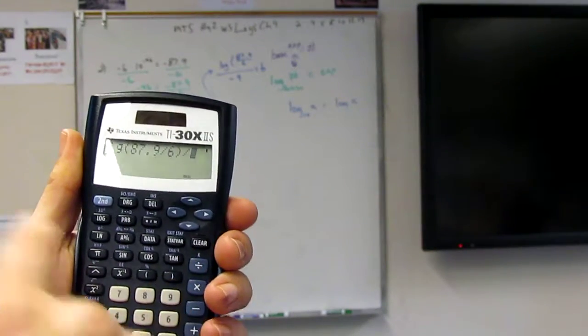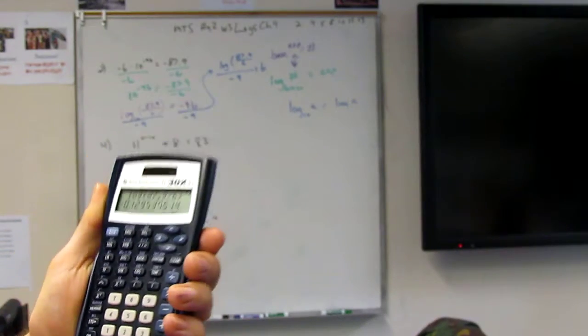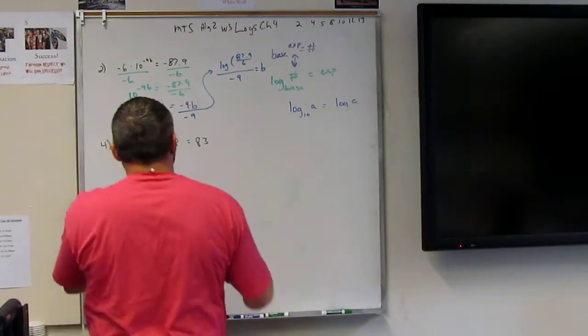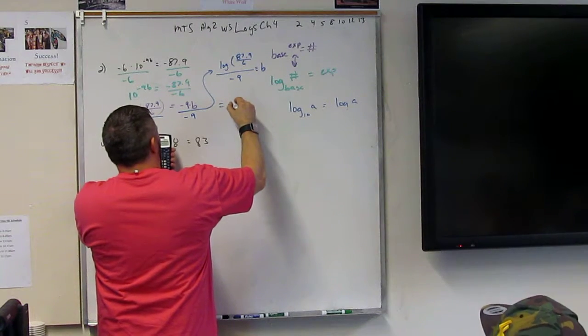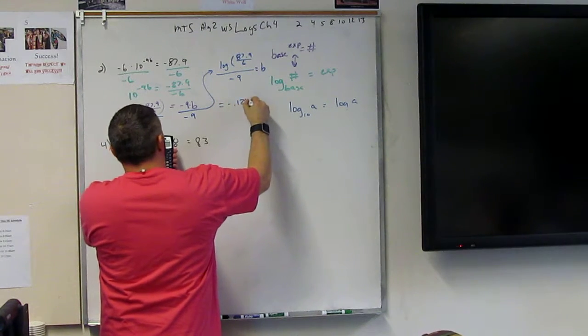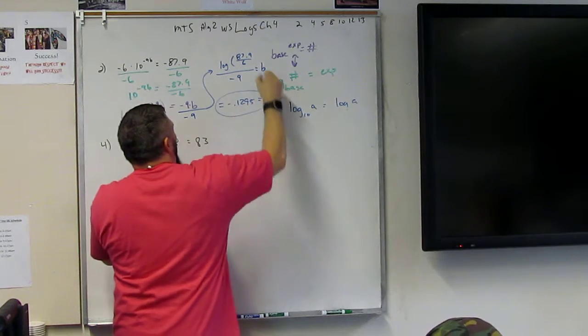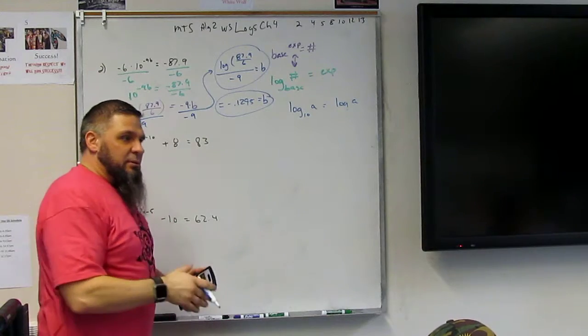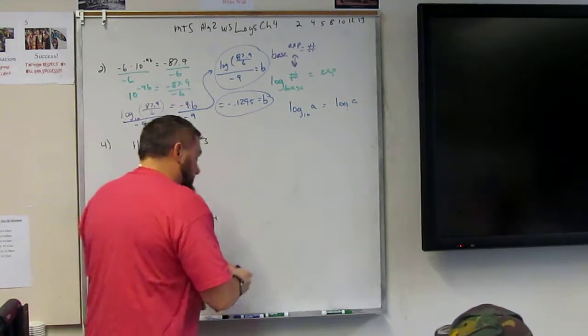And then I divide it by negative 9. And I get negative 0.1295. That's what b is. I want both of these answers. Okay? All right, the next problem.